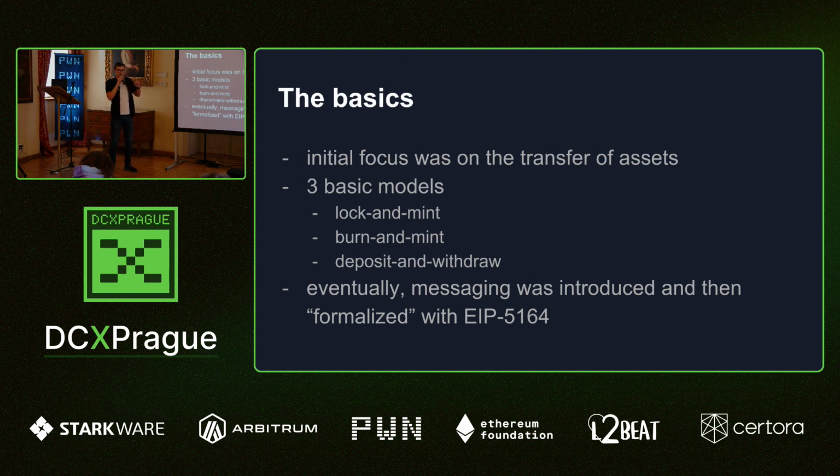There are three basic models for bridges. The oldest one is lock and mint. It works by locking the native asset on the native source chain, and then minting a backed token on the destination chain.